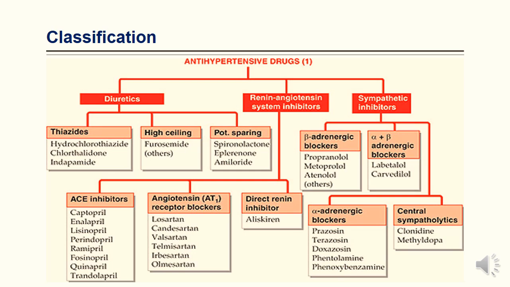Now move on to the direct renin inhibitor. This class consists of a single drug, aliskiren. Aliskiren is a selective renin inhibitor, and it directly inhibits renin and thus acts earlier in the renin-angiotensin aldosterone system than angiotensin converting enzyme inhibitors or angiotensin receptor blockers.